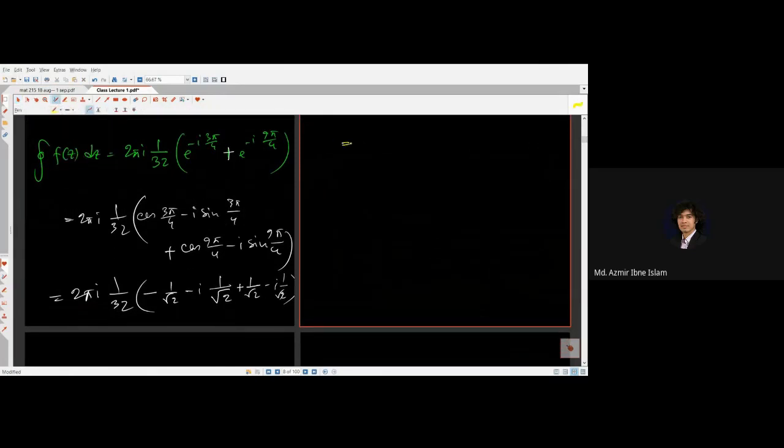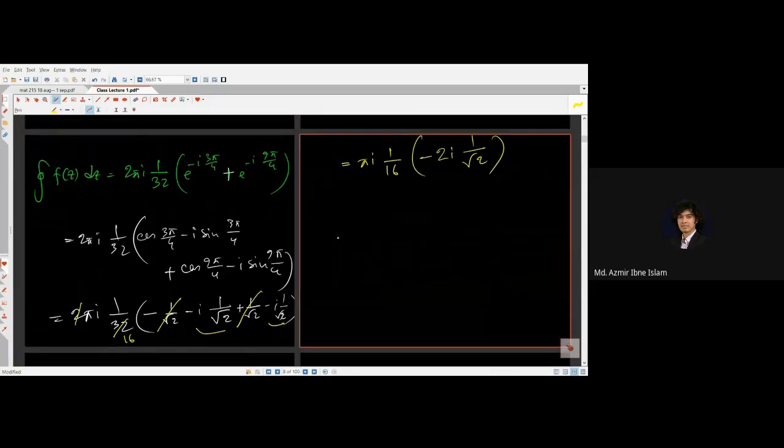So finally 2 and 32, the reduced part is 16. So we have pi I times 1 over 16. You can see 1 over root 2 plus 1 over root 2. Here negative and positive cancel, and we have negative this one, negative this one. So that means it is becoming negative 2I 1 over root 2.